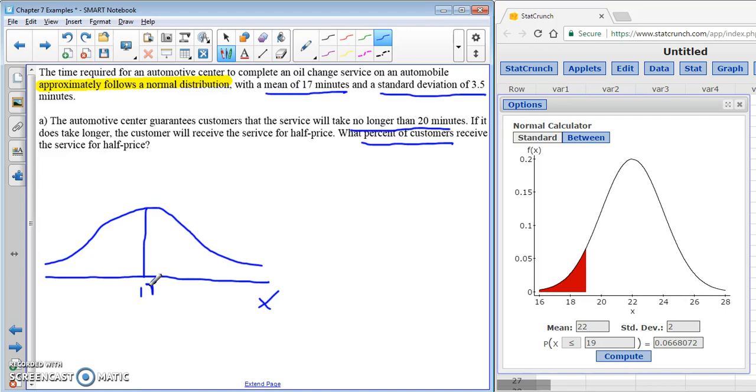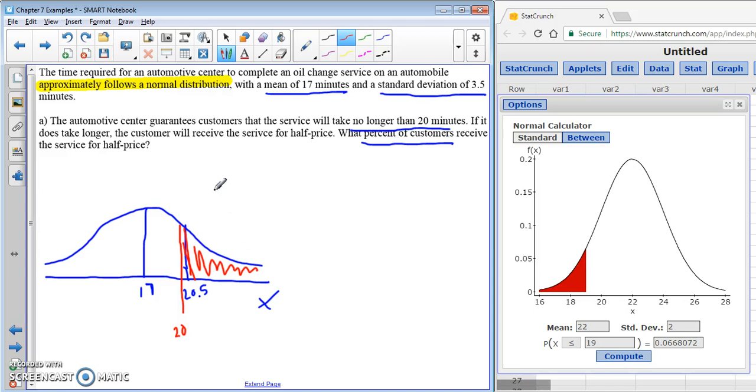So that's one standard deviation of the mean, at 20.5, right? And so they said it will take no longer than 20 minutes. 20 is just about right here. And so if it takes them longer than 20 minutes, they get a half price.